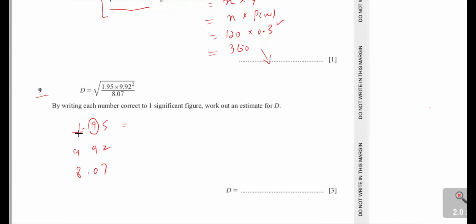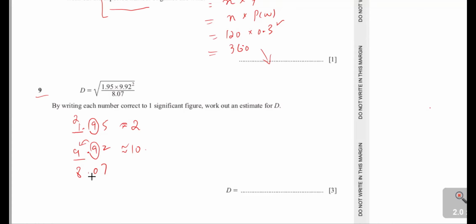Therefore, we round up 9. We can write this value as 10.